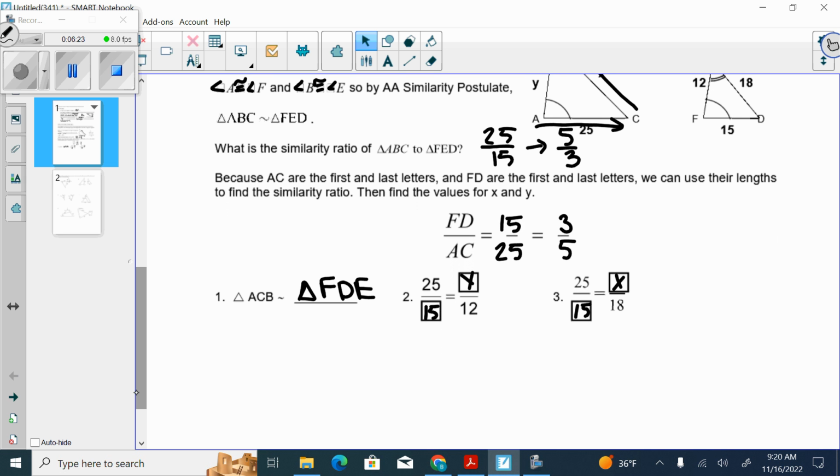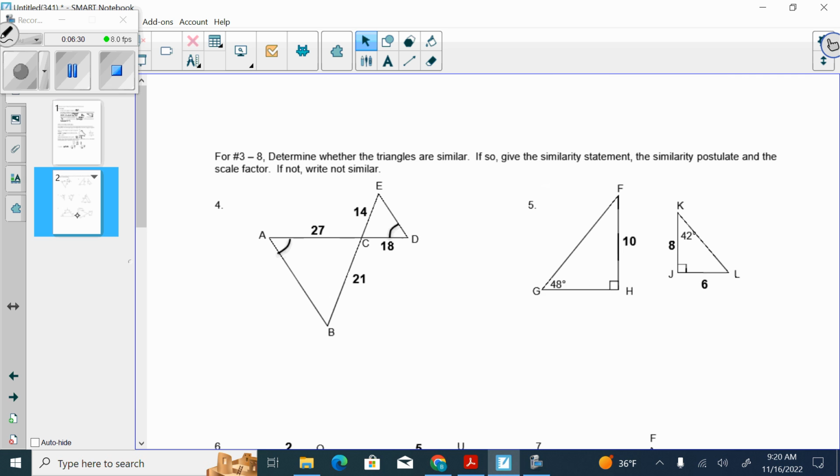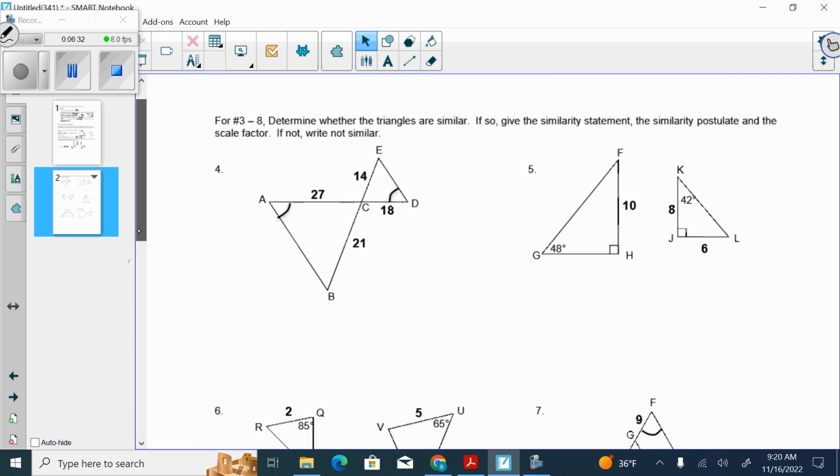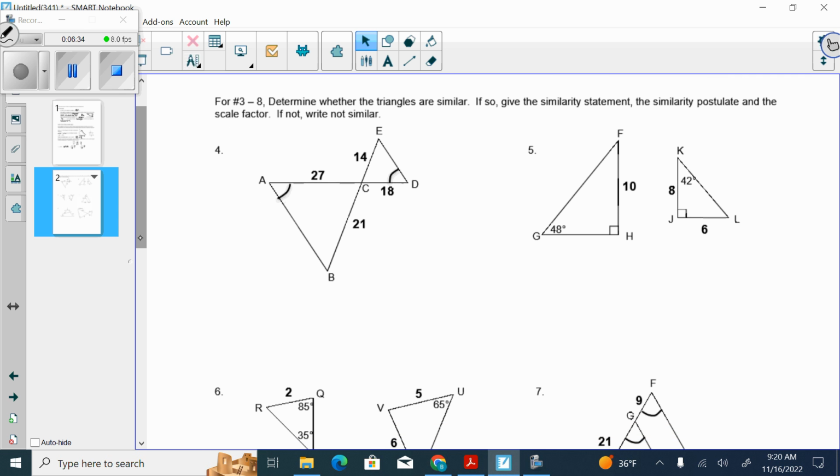Okay, once you have that, if you will flip over onto the back, it says for the next problems, it has misnumbered here, but determine whether the triangles are similar. If so, give the similarity statement, the similarity postulate, and the scale factor. Okay, so on these problems, remember, all we need to do to prove that they are similar figures is have two pairs of congruent angles, right?